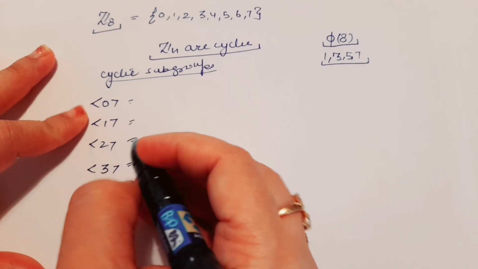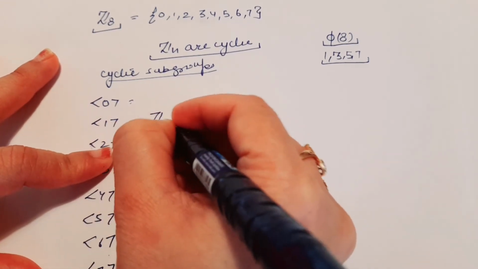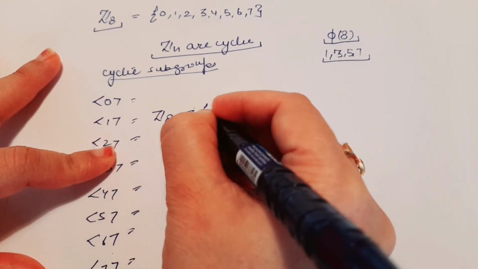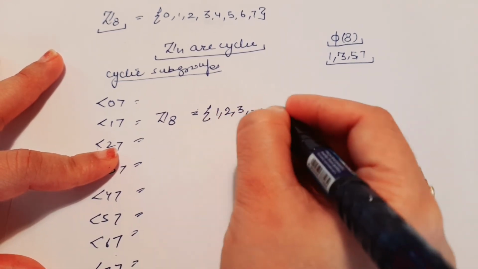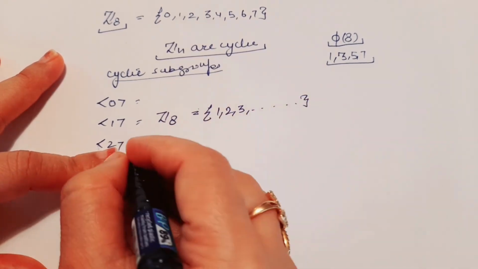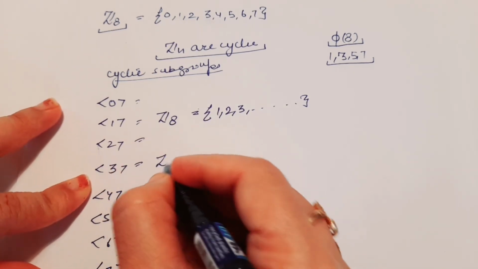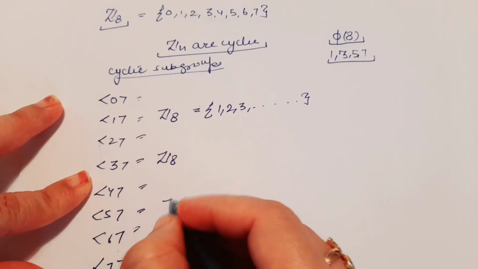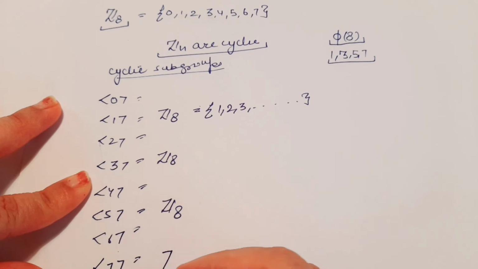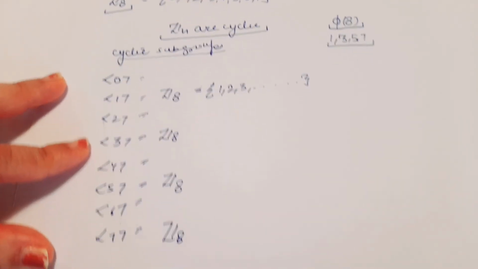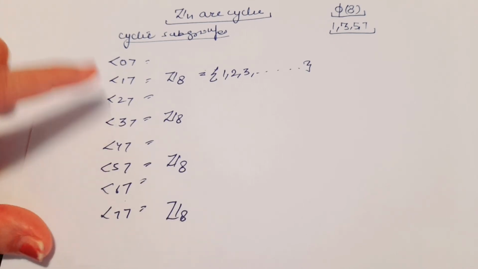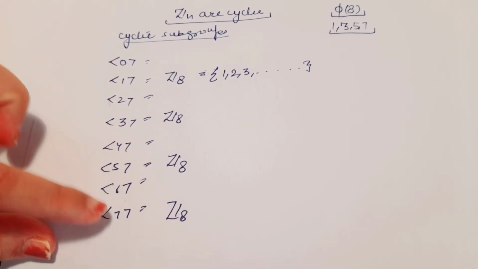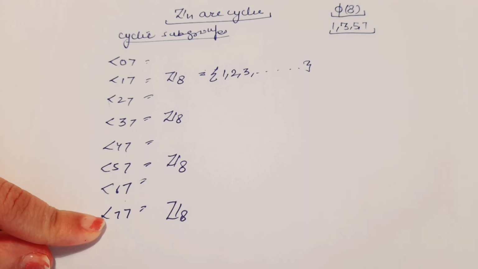So these elements, 1 will generate Z8. If we operate one time, two times, we will get 3 and so on, we will get the full Z8. And 3 will also generate Z8, 5 will also generate Z8, and 7 will also generate Z8. So 1, 3, 5, 7 are isomorphic to each other.